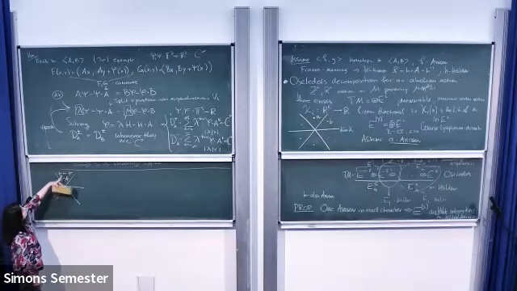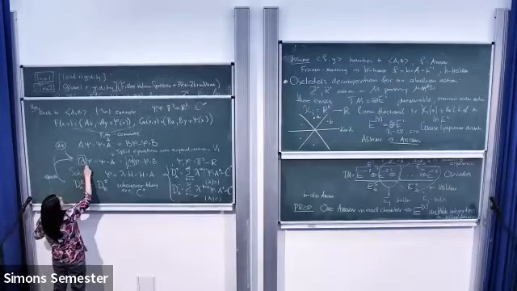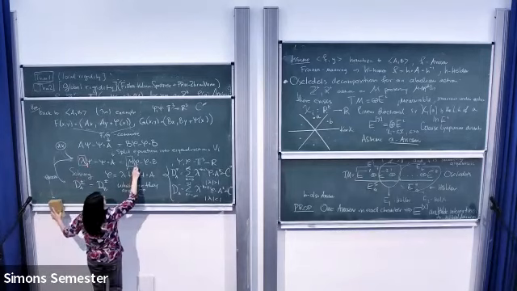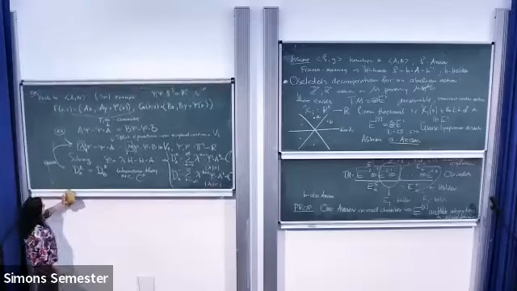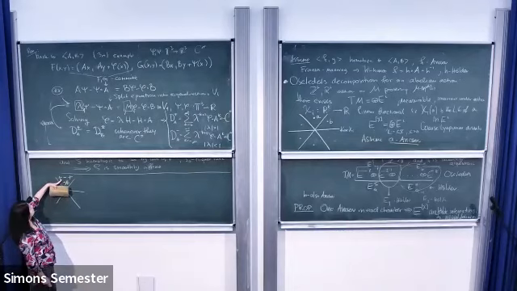Suppose, so then to solve this equation, let's fix that I'm solving this equation in direction V1. So in V1, lambda is going to be positive, so this one is going to be positive.